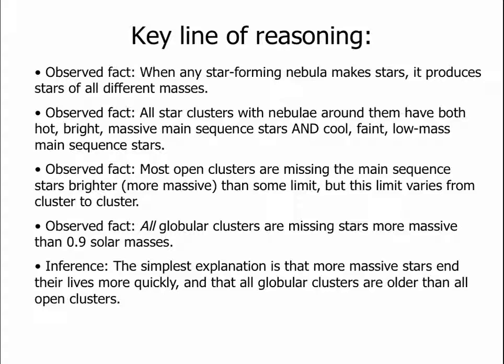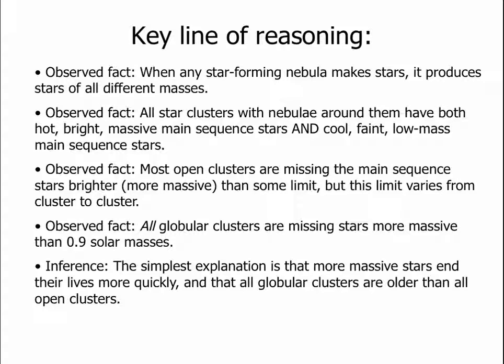We can tie all this together by making a simple hypothesis that more massive stars end their lives more quickly. So that in a star-forming nebula, stars are just being born, so of course you're going to have massive stars. As you go onward in time and look at older and older clusters of stars, low-mass stars will still be there, but high-mass stars have used up all their fuel, they've ended their life, and so we don't see them anymore.